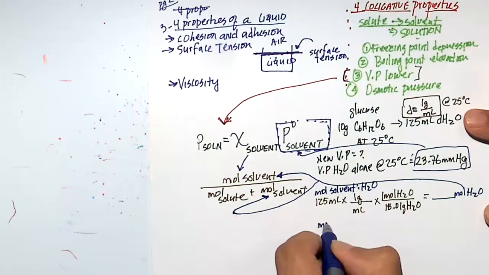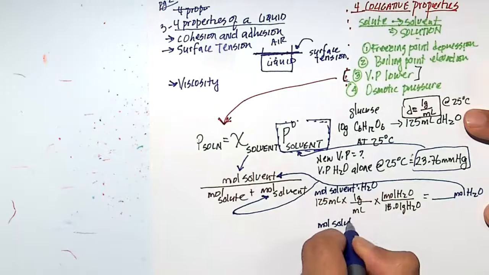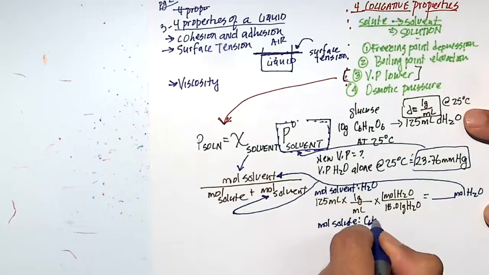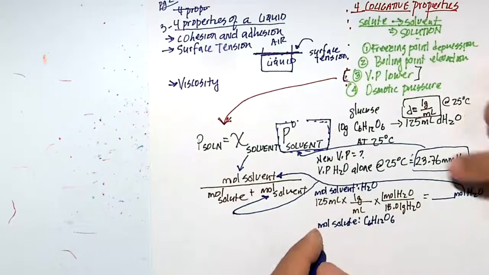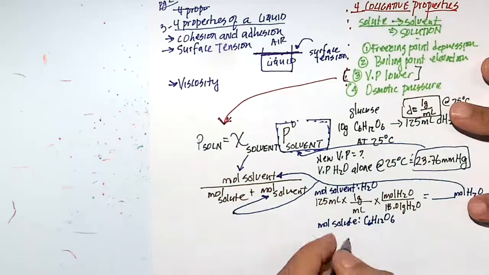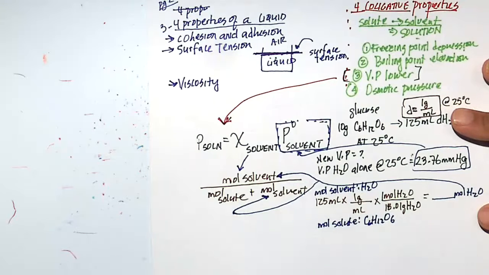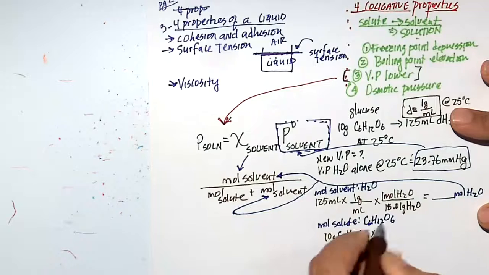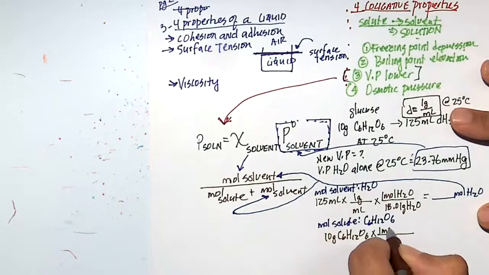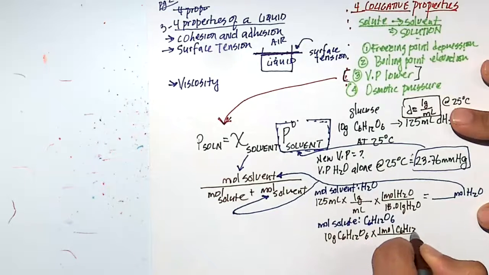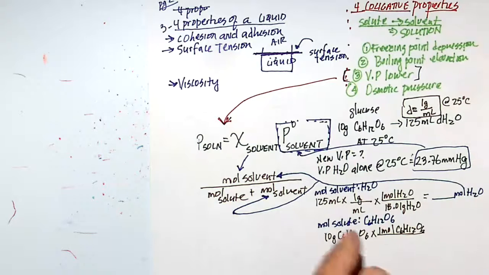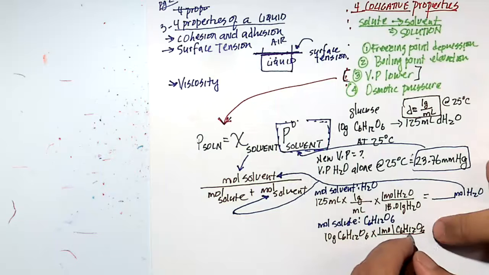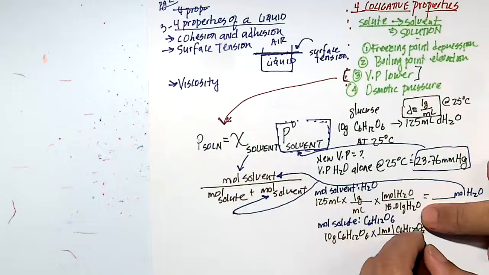And then the moles of solute, glucose, is very easy to find. That's 10 grams of glucose in the problem, times 1 mole of glucose over about 180 grams. It's 6 times 12, 12 times 1, and 6 times 16.